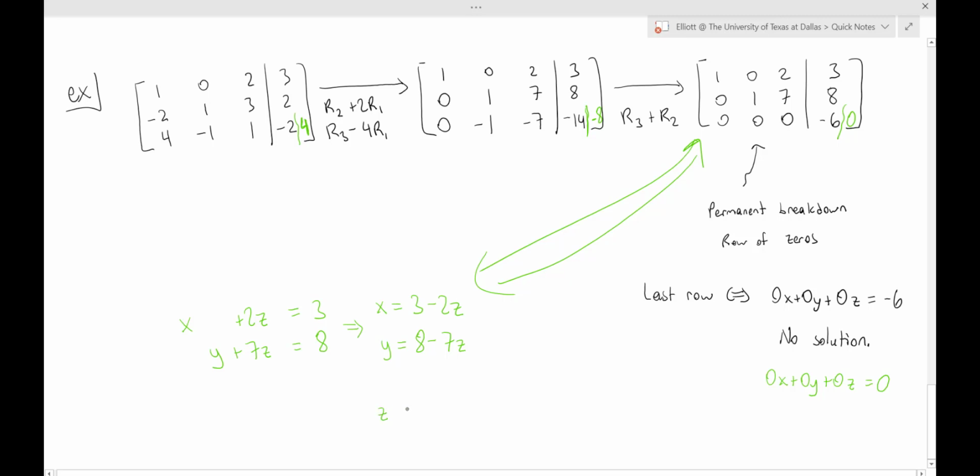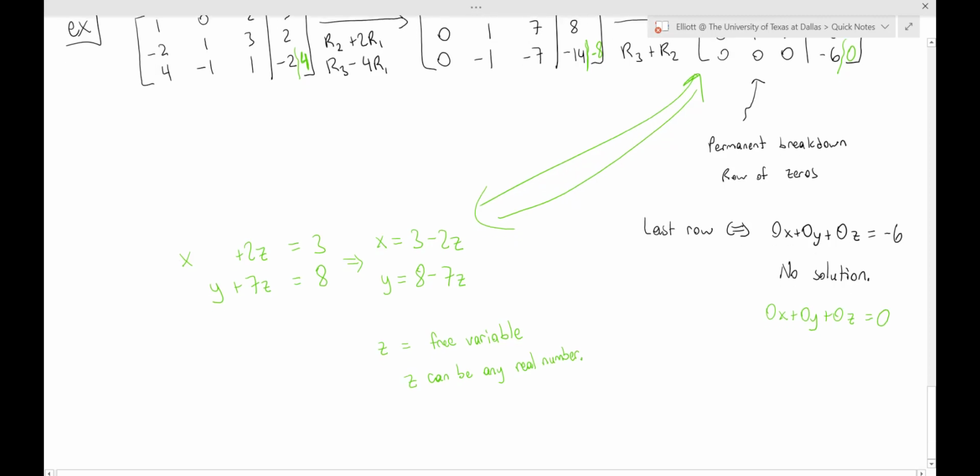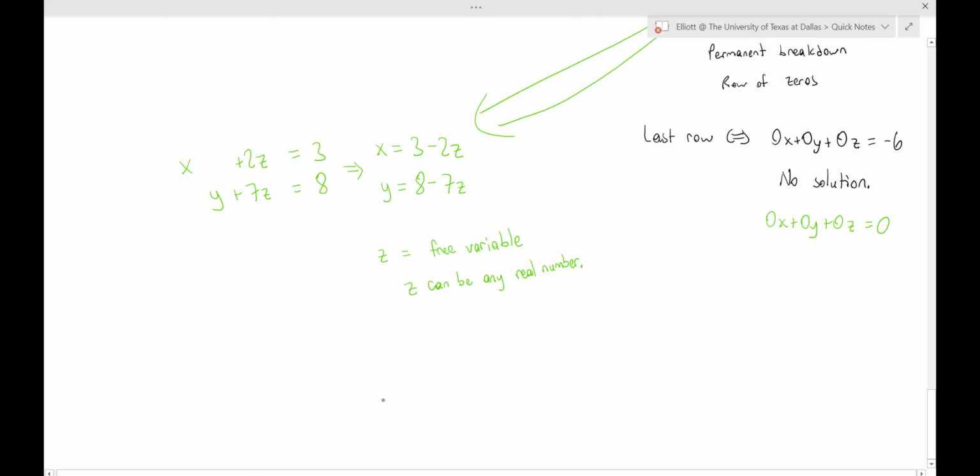So z is what we refer to as a free variable. So it's free in the sense that there's no restriction on z. So z could be any real number. Right? And so to reflect the fact that z can be any real number, people often assign a parameter to each free variable.